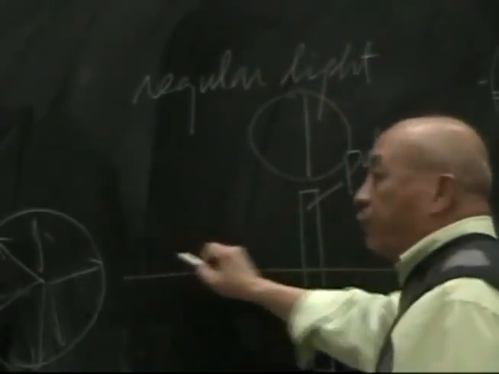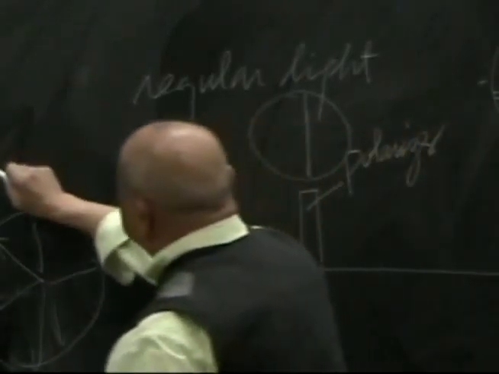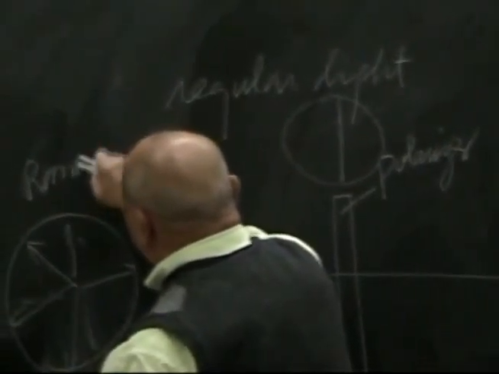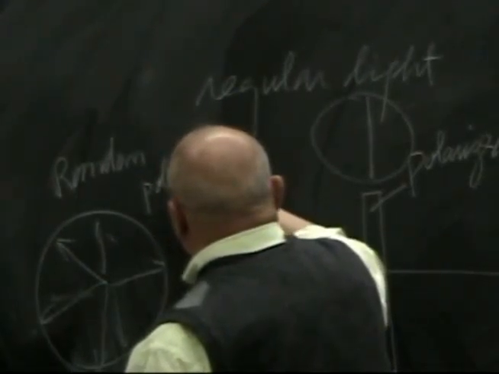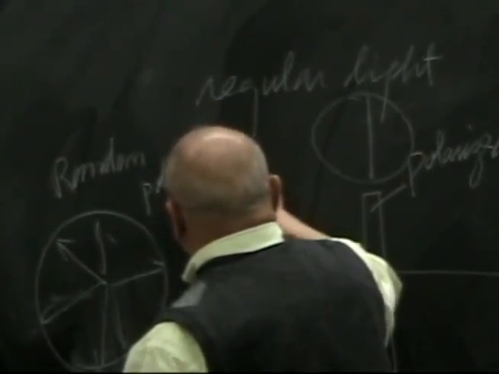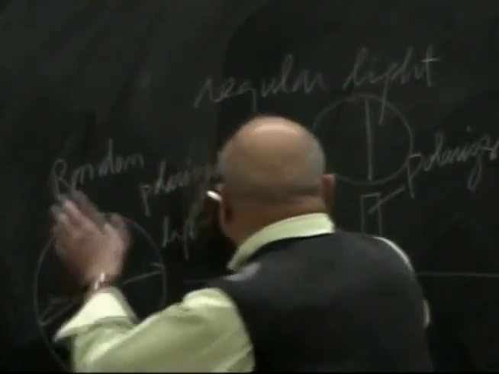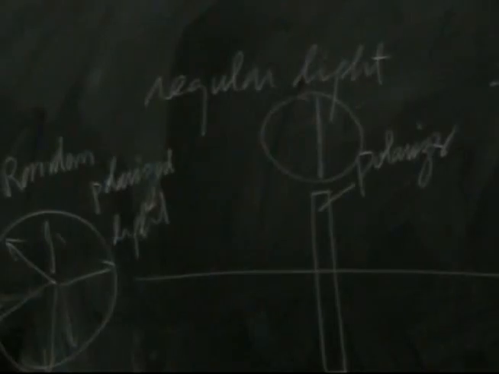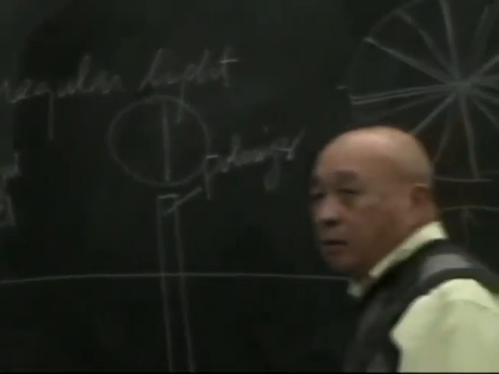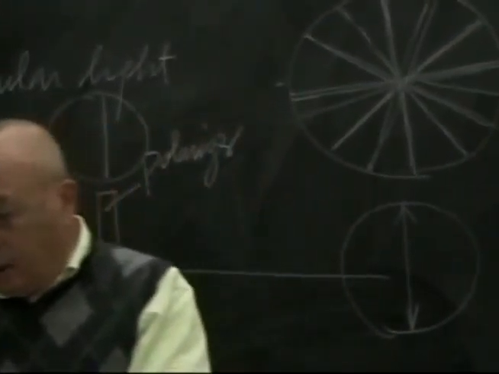So this is random polarized light, and after going through the polarizer, it becomes linear polarized light. Okay, and that's how it works.